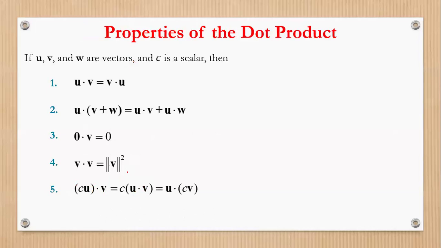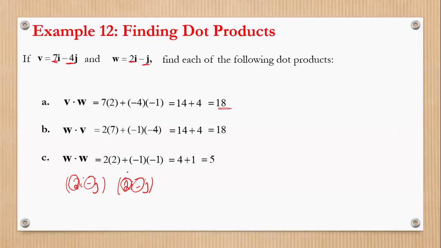And these are some properties of the dot product. If we have three vectors, u, v, and w, and c is a scalar, just a number, we have all these properties. First of all, u times v is always the same as v times u, as we worked on in the example as well. So in this example, we showed that v times w is the same as w times v.